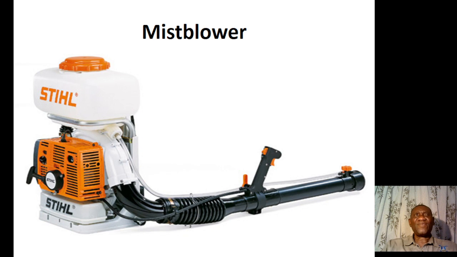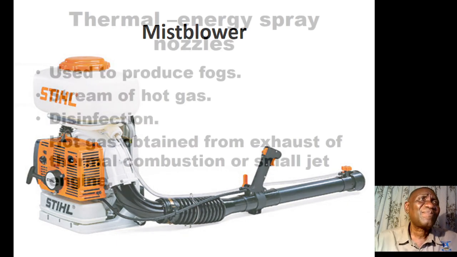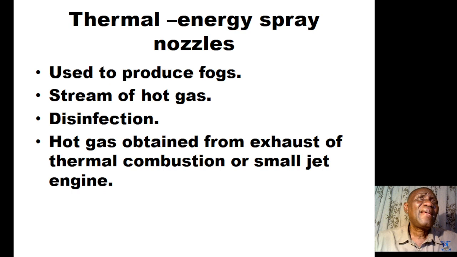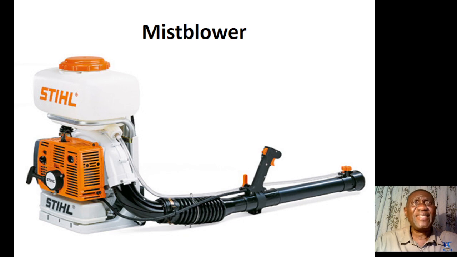So what comes out of the exhaust pipe will be mixed with the pesticide. It's known as the thermal energy spray nozzle. You can see at the end it's quite a wide nozzle. It's just like a pipe. It's like an exhaust pipe, in fact.